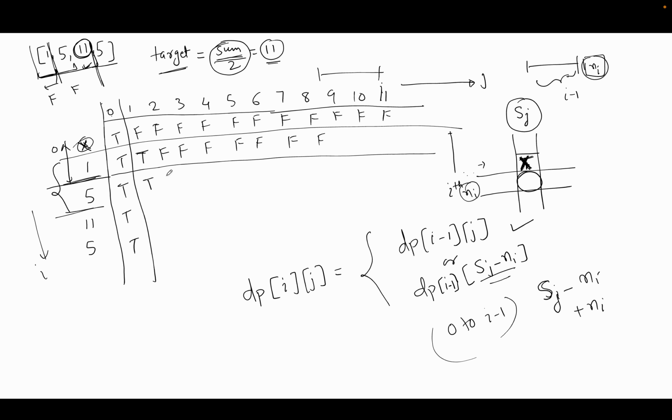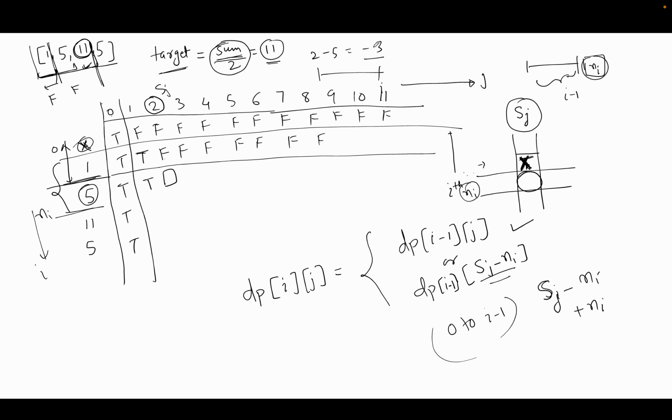So here for 5, if we see, with the first one element, we were not able to make 2. So here Sj is nothing but 2, Ni is nothing but 5. So 2 minus Ni is minus 3.